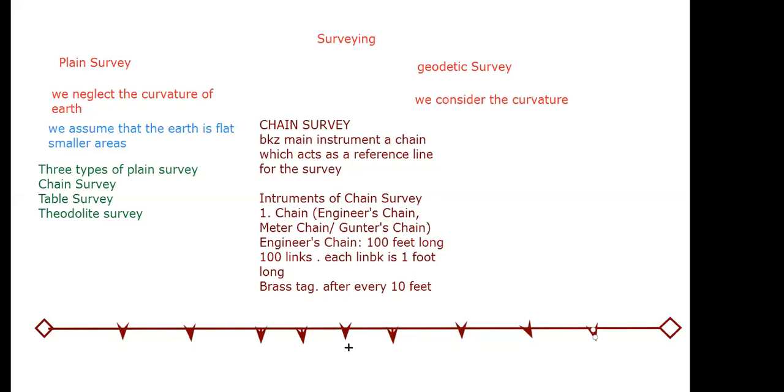I have tried to draw an engineer's chain which is 100 feet long. It has 100 links and there are brass tags after every 10 feet. Basically, these brass tags are used to measure the features from the chain to the specific point which we are measuring. So now let's label these.